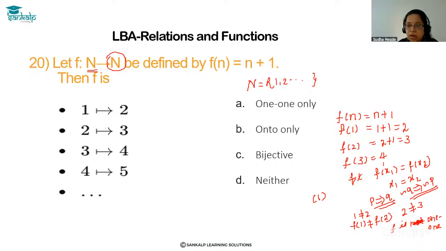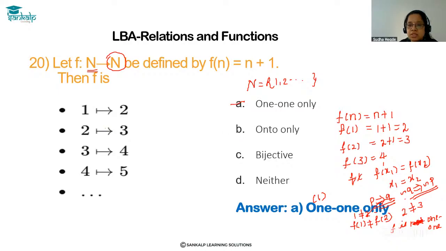Because 1 is not equal to 2 we have taken, and we have proved f of 1 is not equal to f of 2. That is the other way of proving 1-1. Therefore, f is 1-1, but it is not onto. Okay.